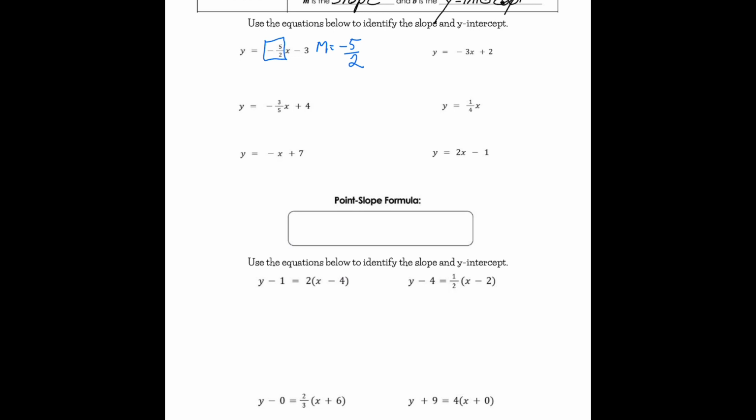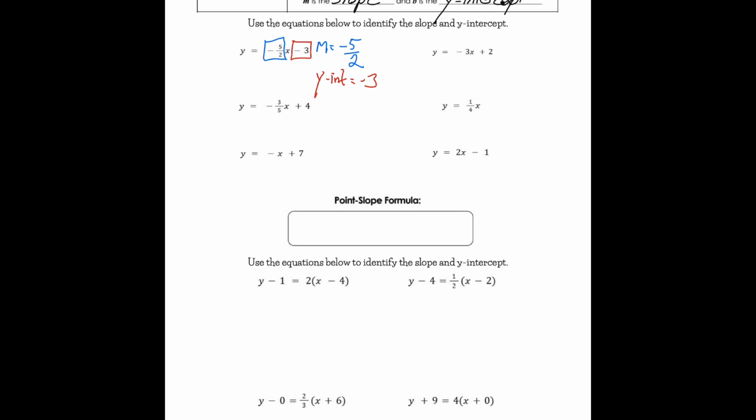If there is a number at the end of the equation, it's that number plus whatever sign is in front of it that is our y-intercept. So in this case, our y-intercept is this negative 3. So our y-intercept equals negative 3.